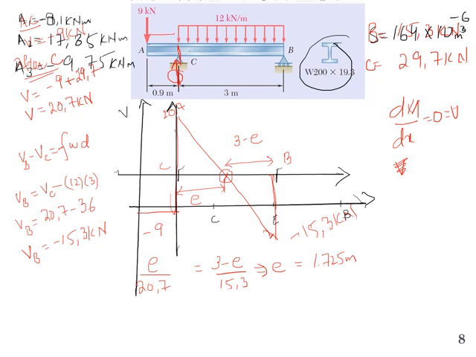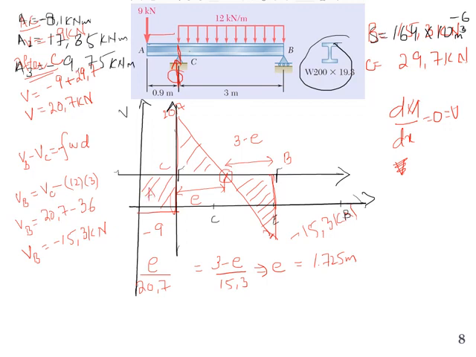Now for maximum bending moment, we have to find the area under this curve. Okay, so the area under this shear force curve will be minus 9 multiplied by 0.9.